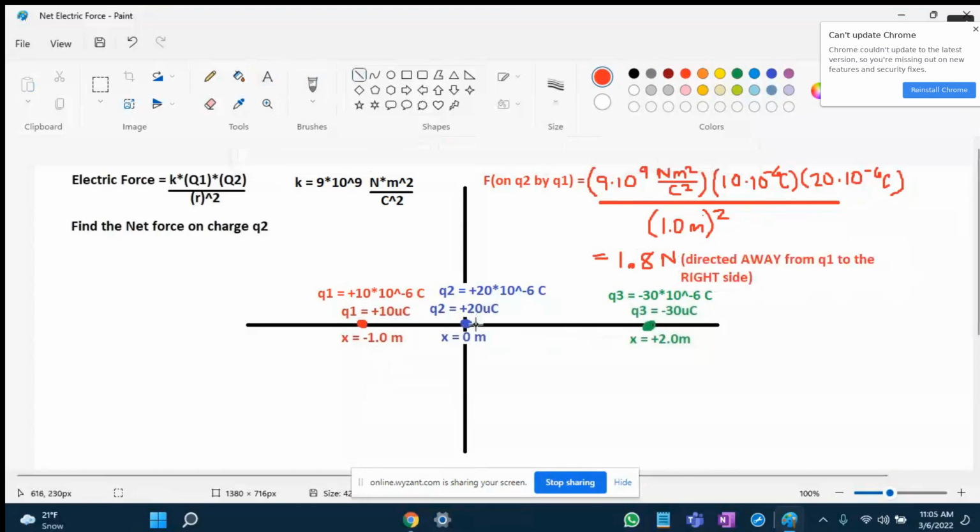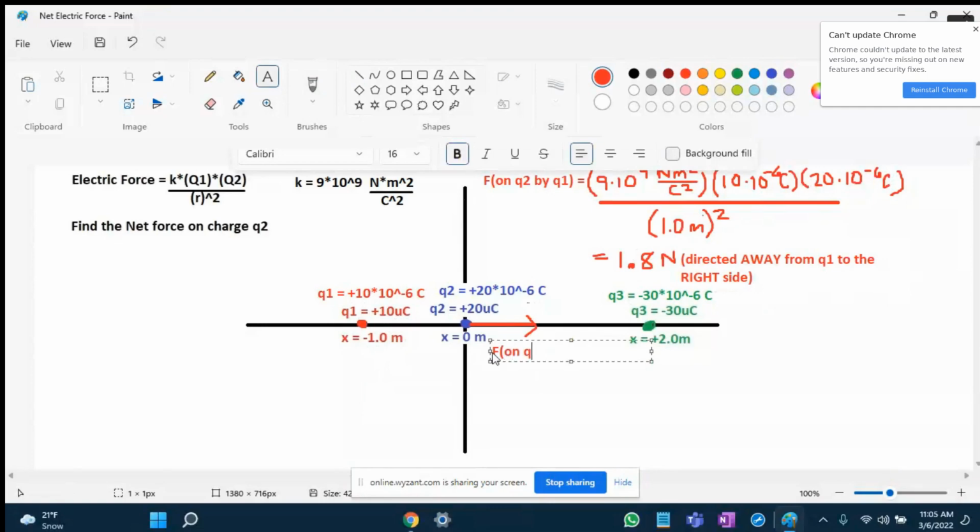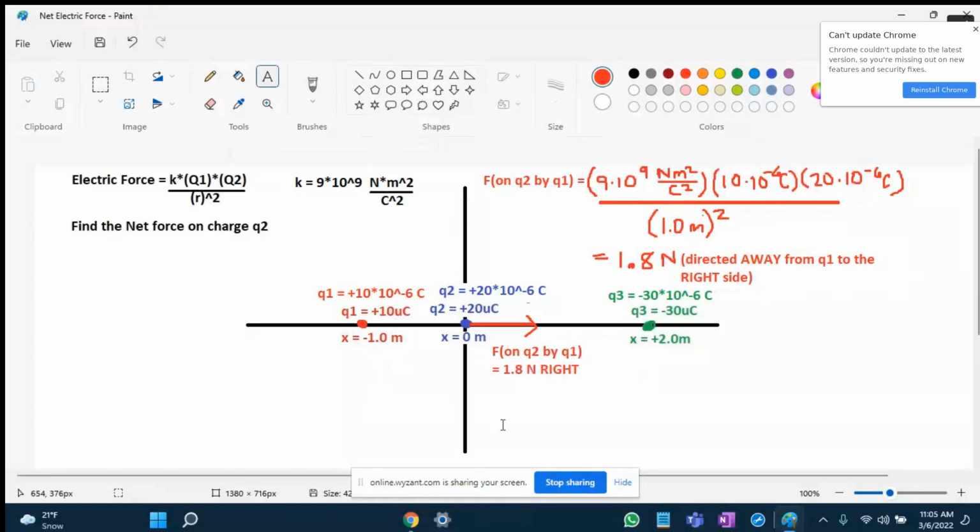So we can go ahead and draw this force vector right here. I'm just going to label it F on Q2 by Q1, which is 1.8 newtons to the right.